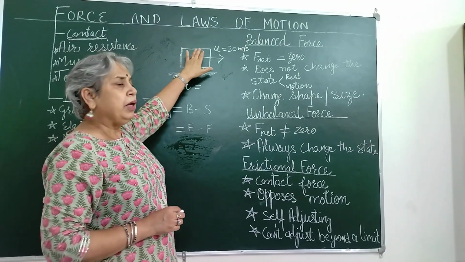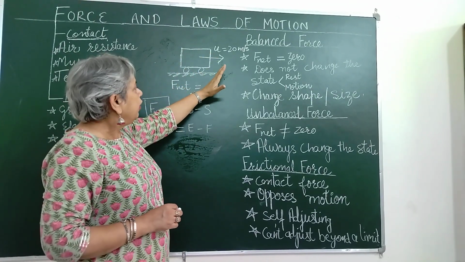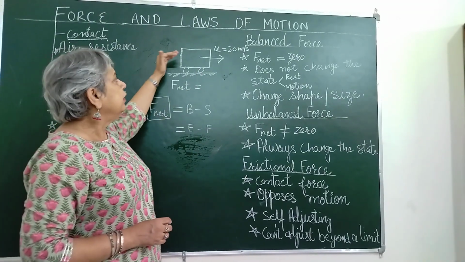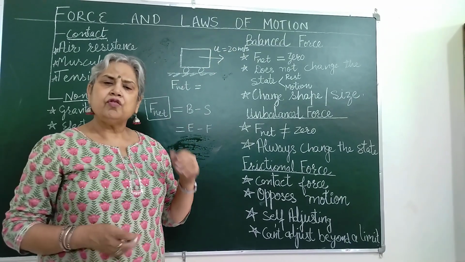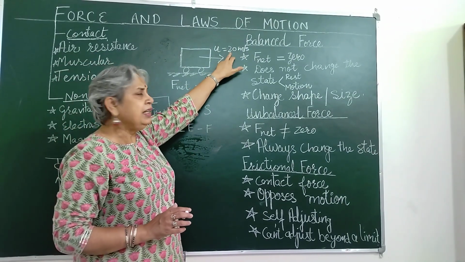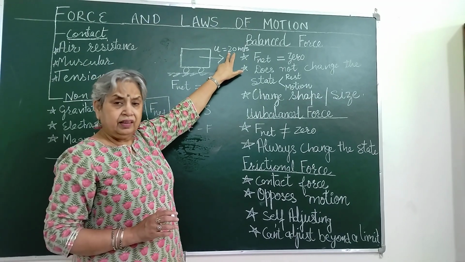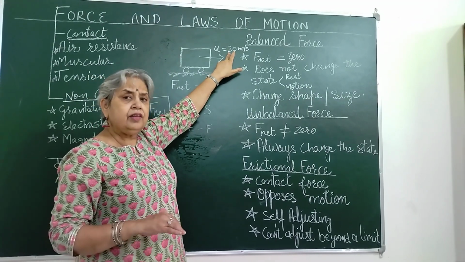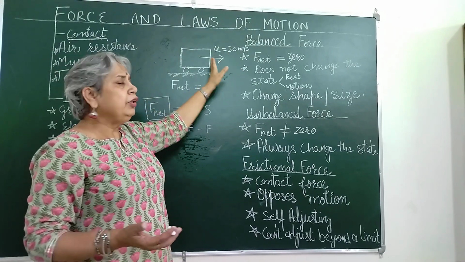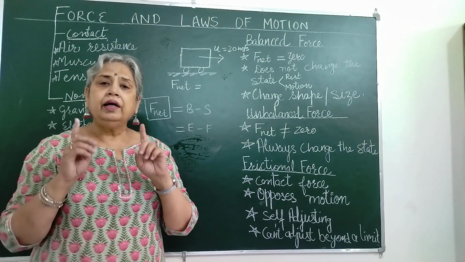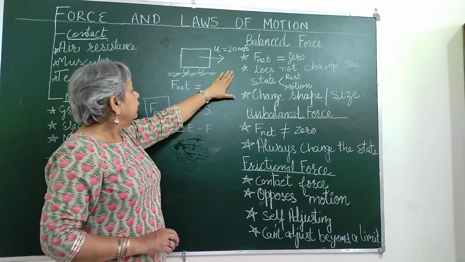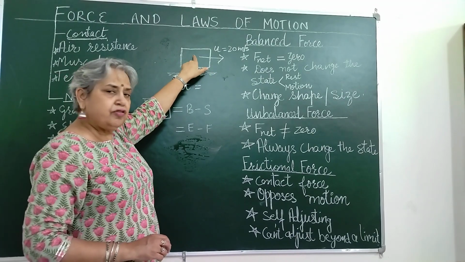The force is applied by the engine and the frictional force is being balanced and the car is moving. So till the time we do not change this velocity, either decrease or increase, we do not have to apply any external force. At that time, the force acting is a balanced force.